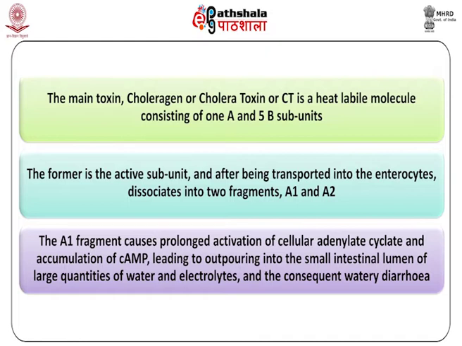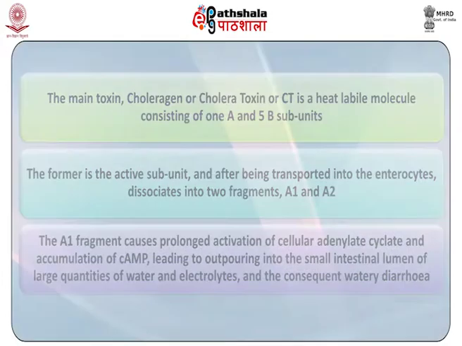The former is the active subunit and, after being transported into the enterocytes, dissociates into two fragments, that is A1 and A2. The A1 fragment causes prolonged activation of cellular adenylate cyclase and the accumulation of cAMP, leading to outpouring into the small intestinal lumen of large quantities of water and electrolytes and the consequent watery diarrhea.